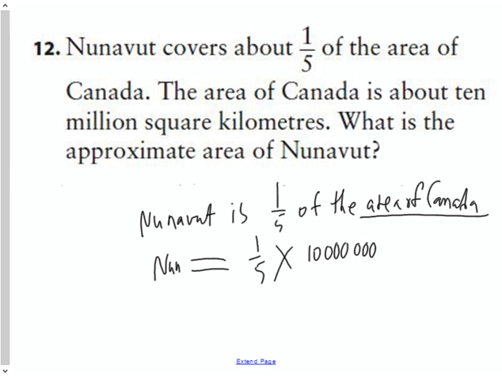A million has 6 zeros, so 10 million has 7 zeros. So there's our question. Now, obviously, I am not going to get you to draw 10 million 1/5.